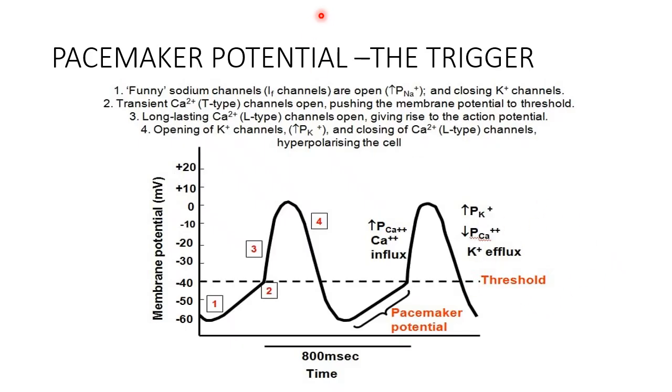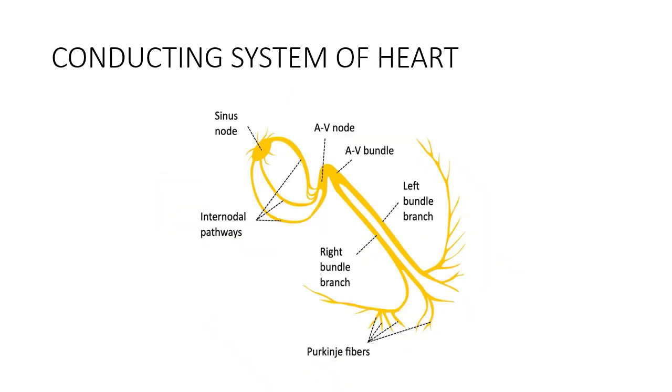So the pacemaker potential actually can be taken as a stimuli for the cardiac muscle to contract. Now that stimuli which is generated in the SA node as pacemaker potential is conducted through the conducting pathway.